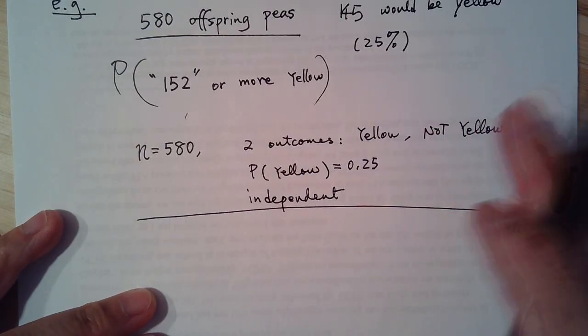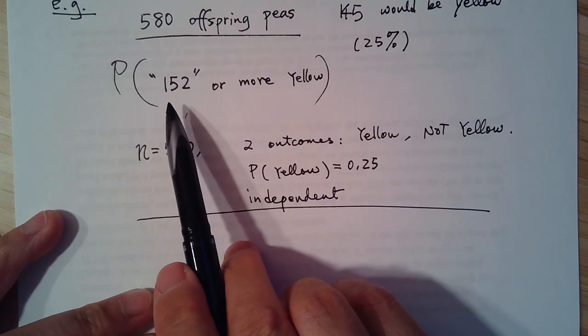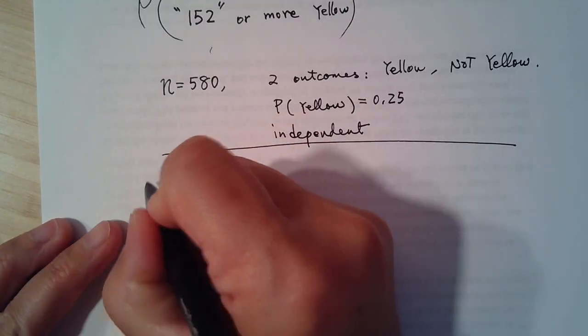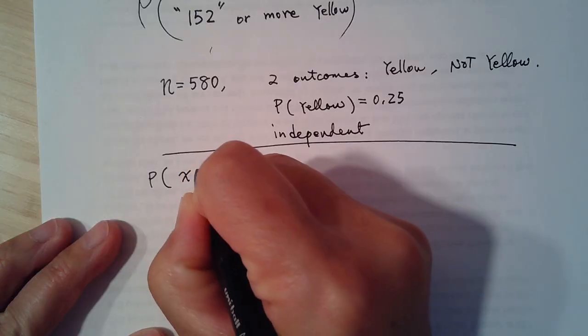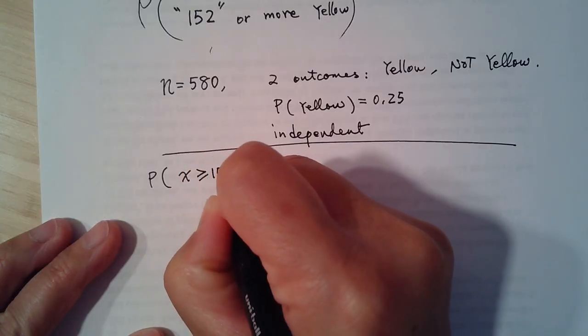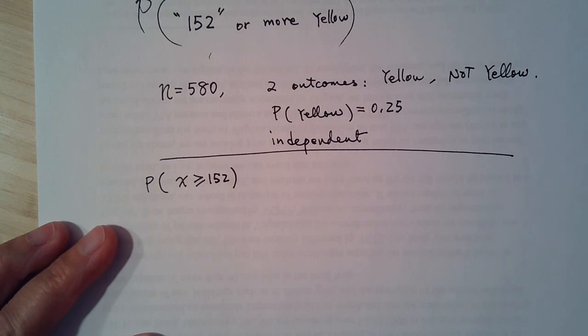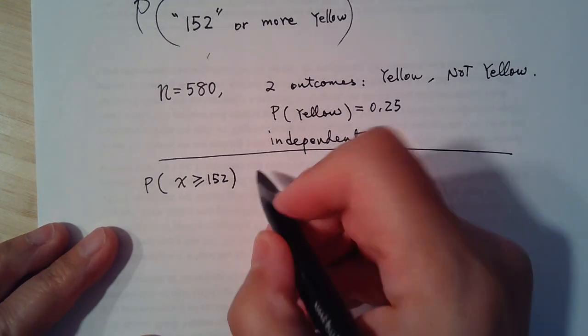How do you find the probability that you get 152 or more yellow? X is greater than or equal to 152. That's what you're looking for, right? 152 or more, which means including 152. So you're looking for that.